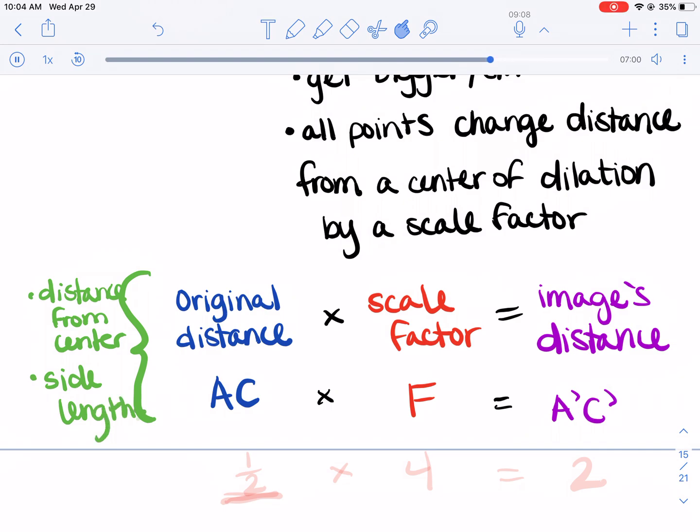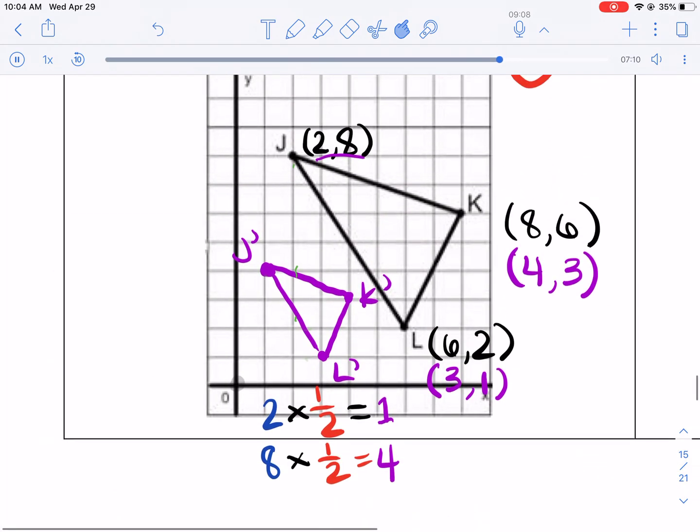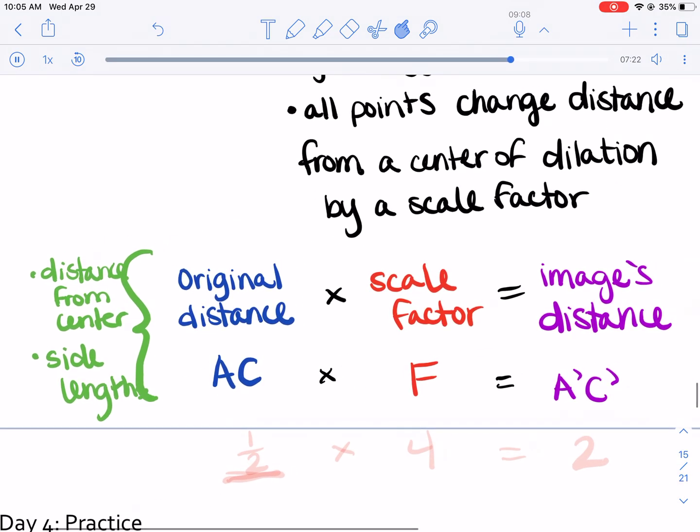If you were to look at our original triangle, you'll notice that this JL went 1, 2, 3, 4, 5, 6, and then this one went 4, and then this one goes 3, and then 2. So actually all the distances of that triangle were changed by the scale factor, which is really nice. So if you were given the original length, you could find the new length by just multiplying it.